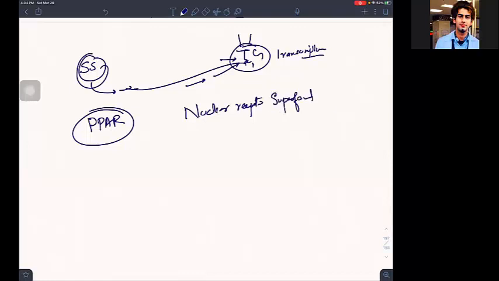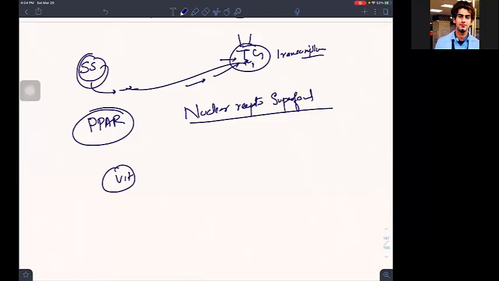This nuclear receptor superfamily is either present in the cytoplasm or in the nucleus. Like vitamin D, which has a cytosolic receptor. If vitamin D has to activate the cell, it has to go into the cytoplasm and activate it.